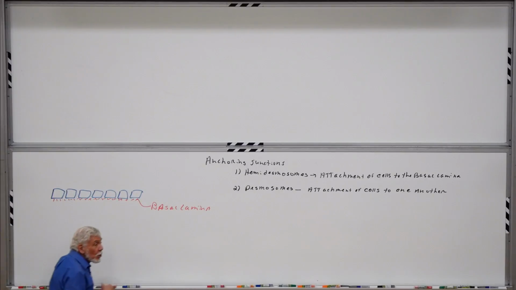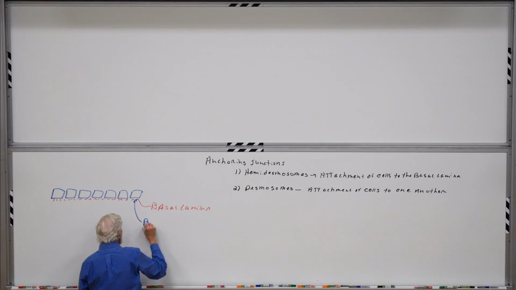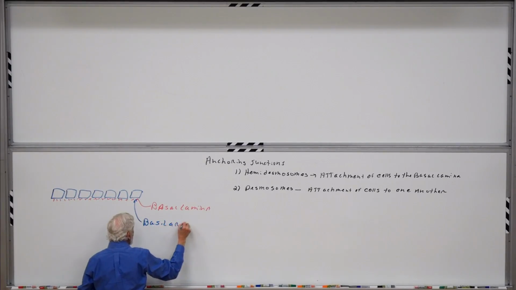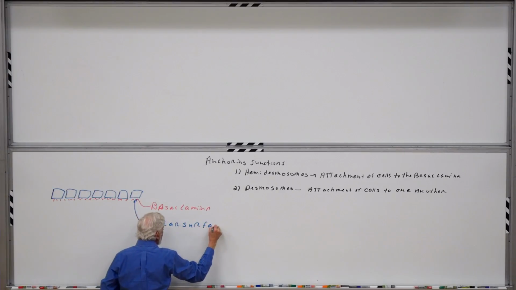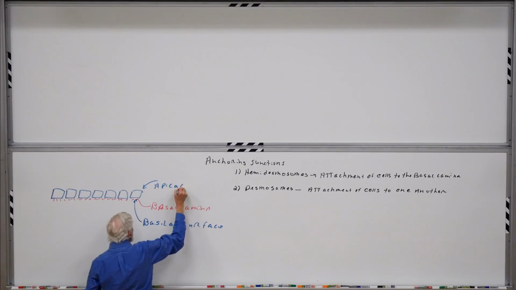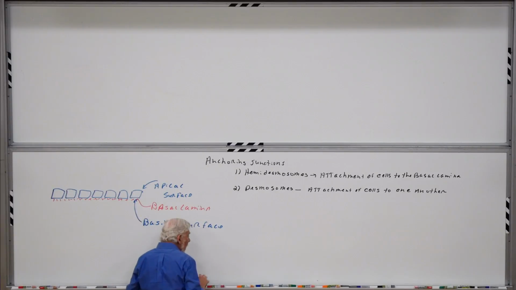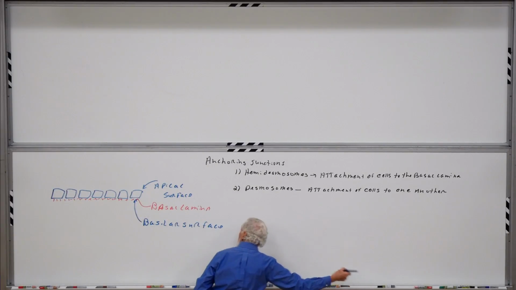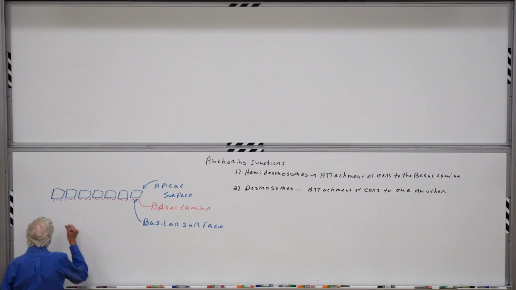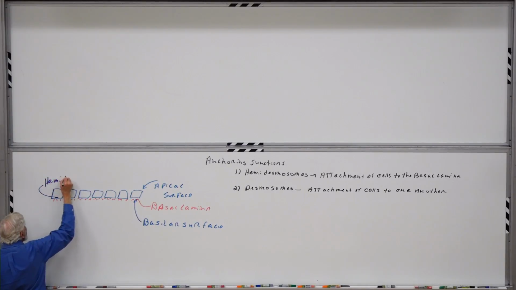And that provided a certain orientation to these cells such that there was now a basilar surface and an apical surface. And where we left off was to describe the attachment of the cells to the basal lamina through a structure called a hemidesmosome.